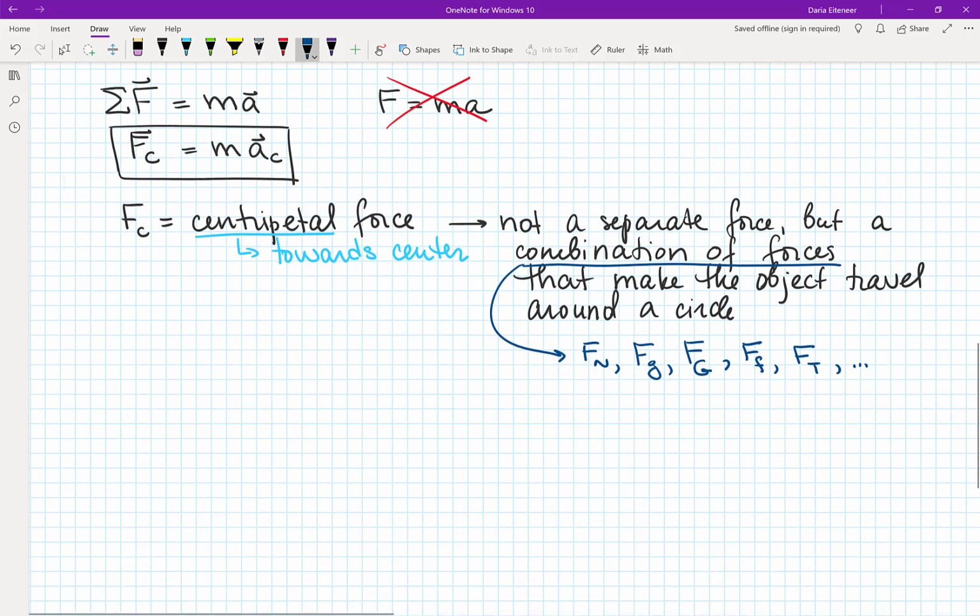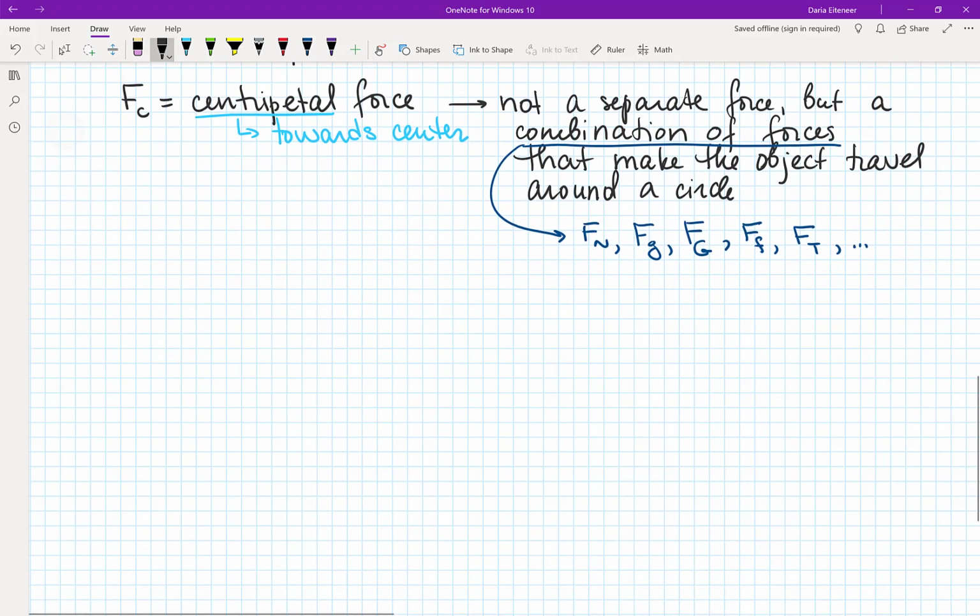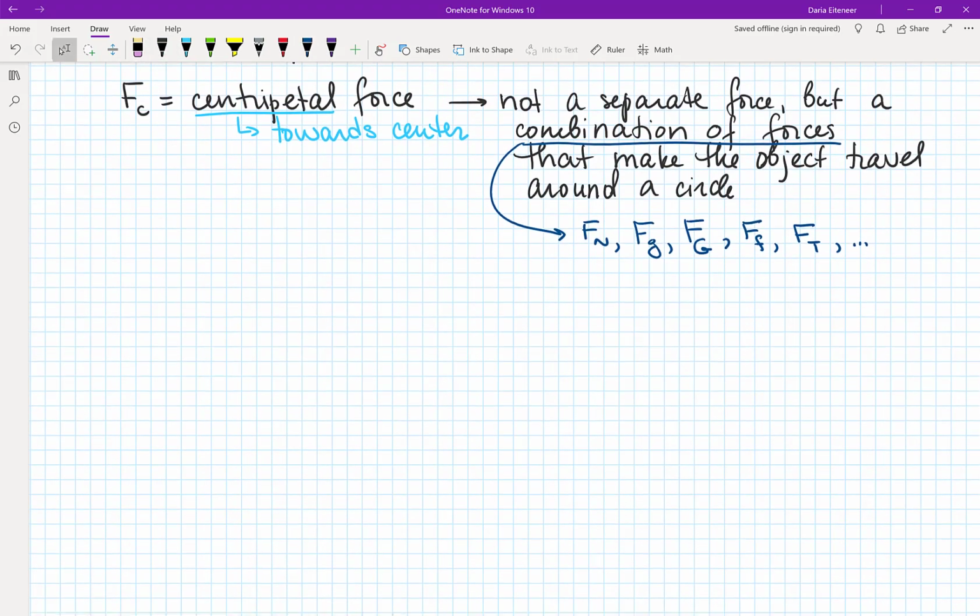So here is another thought about centripetal force. This is a common point of mistakes, common point of confusion. So let's look at it this way. This is a road viewed from above, a road that's making a turn, and here is a view from above of a car.